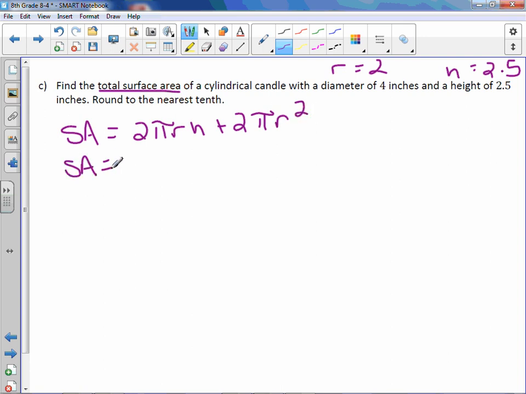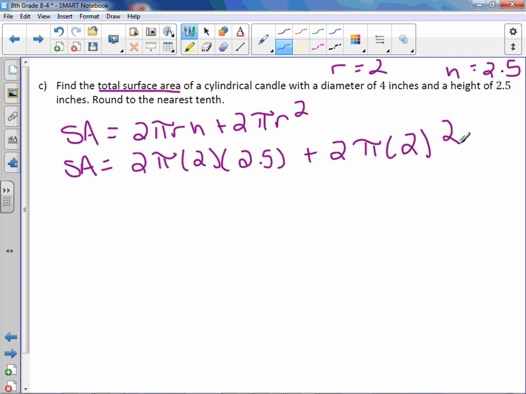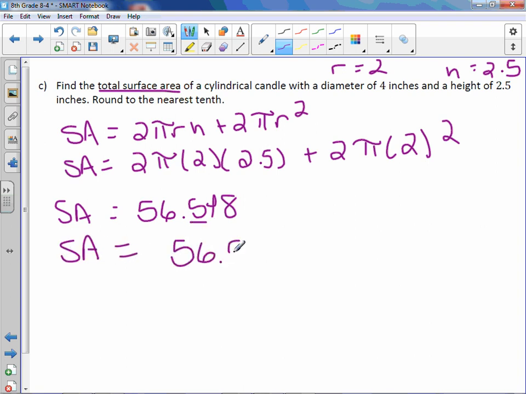Surface area equals 2 pi times 2 times 2.5 plus 2 pi times 2 squared. Plug it in, and we get 56.548. To the nearest tenth, we get 56.5 square inches.